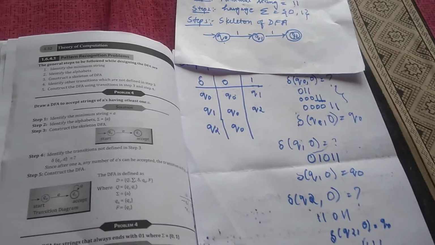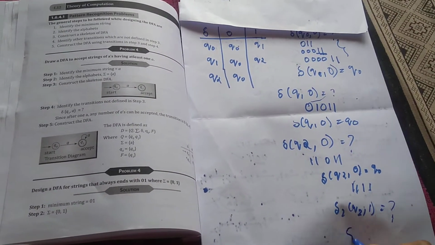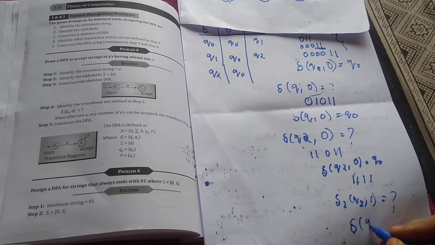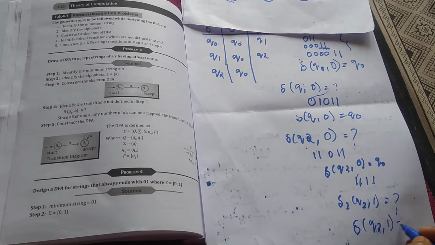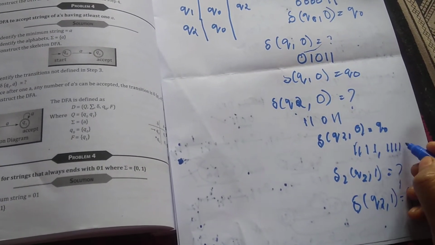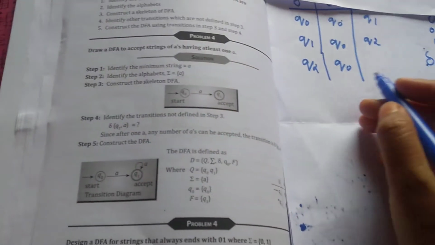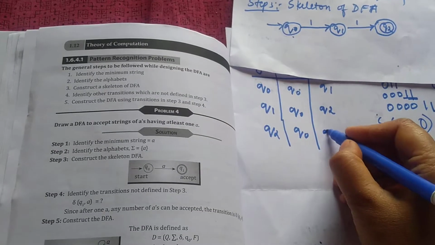So delta of Q2 comma 1 is a self transition, because it can have 1 1 1 or 1 1 1 1 1, like this. These kinds of strings should also be accepted. So we have the transition table of Q2.